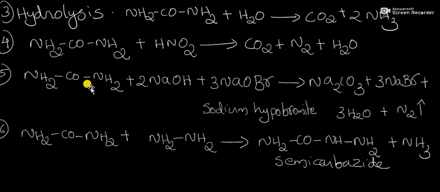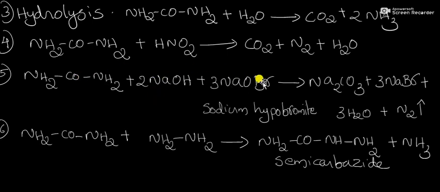Another important reaction is reaction with alkaline hypobromite. When treated with an alkaline solution of sodium hypobromite, how can you prepare sodium hypobromite? By the reaction of sodium hydroxide and bromine.